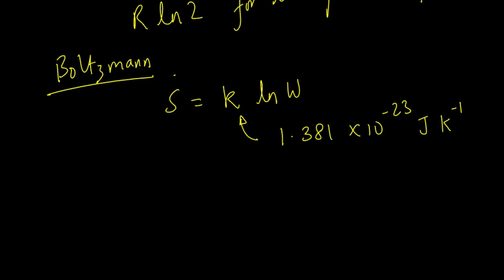So what it says is that K is the Boltzmann constant, right? I'm sure everybody is aware of this. R equals K times Na, and W is the number of microstates.